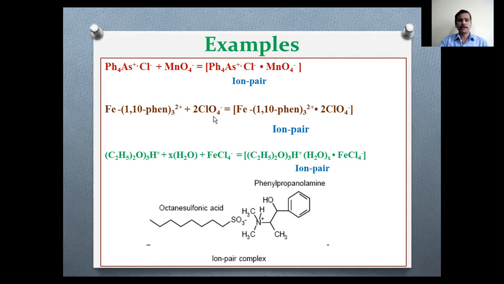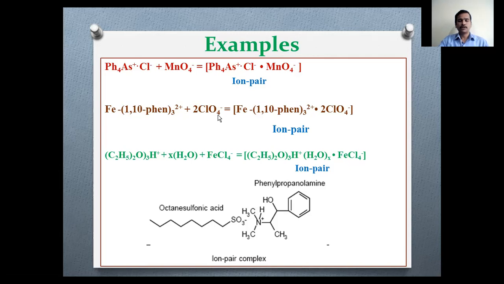You take perchlorate anion by means of potassium perchlorate or hydrogen perchlorate, that is perchloric acid. Potassium perchlorate or perchloric acid will dissociate to give perchlorate anion.